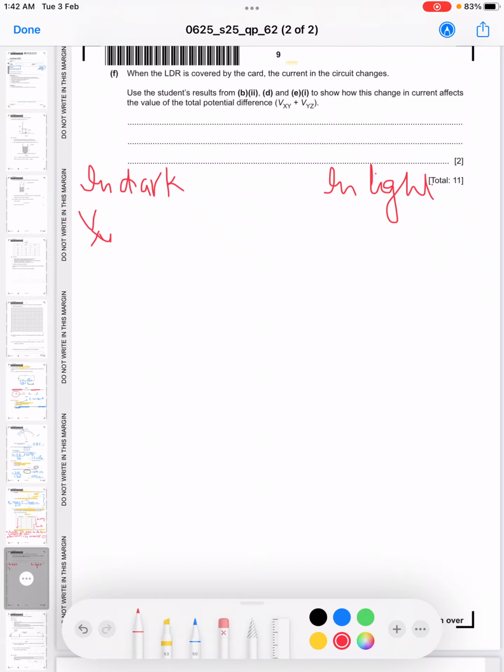We will check the value of Vxy and what is Vyz. Similarly for the light one, Vyz.